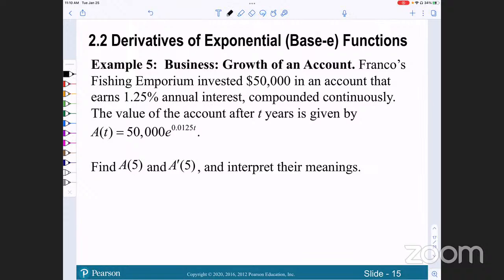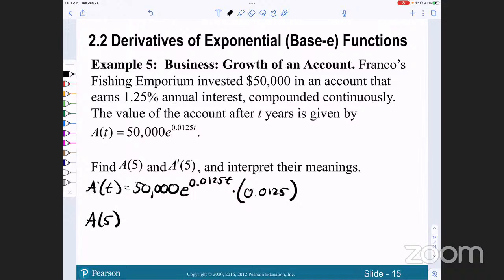Let's go ahead and find A prime. So then A prime of t is the 50. The derivative of e is itself times the derivative of the exponent. So that's just going to be times 0.0125. Okay. So then we're going to use our calculator for A of 5. It's 50 e to the 0.0125 times 5.